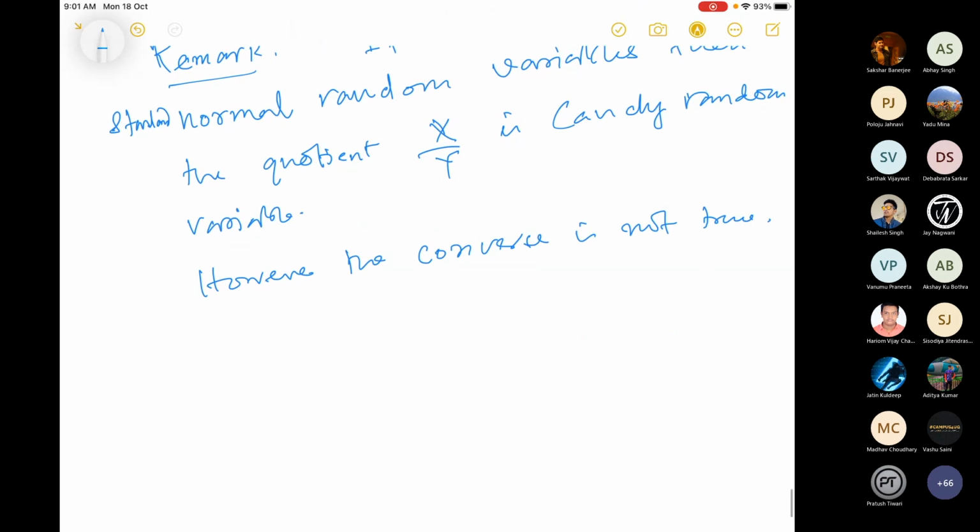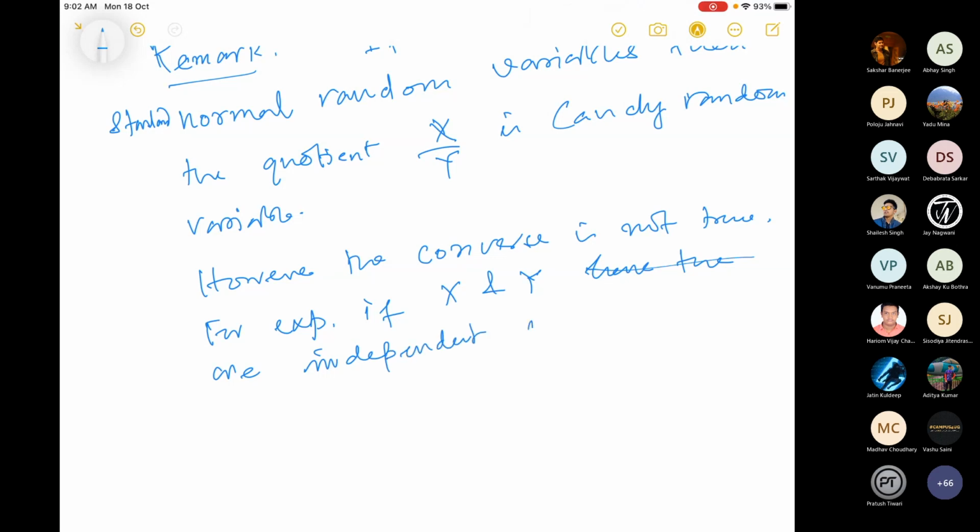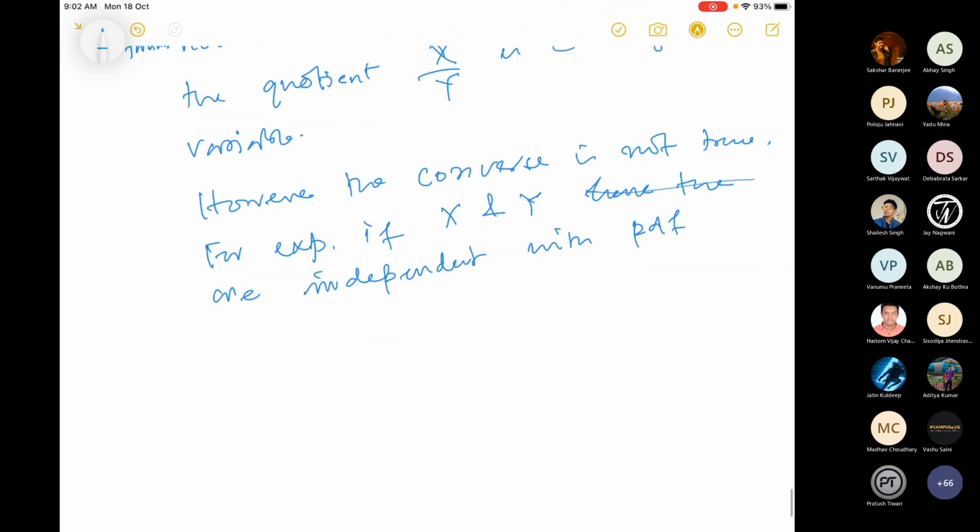For example, if X and Y are independent random variables with the same PDF, f(x) equal to square root of 2 divided by pi times x squared by 1 plus x to the power 4. I mean, you can just check.